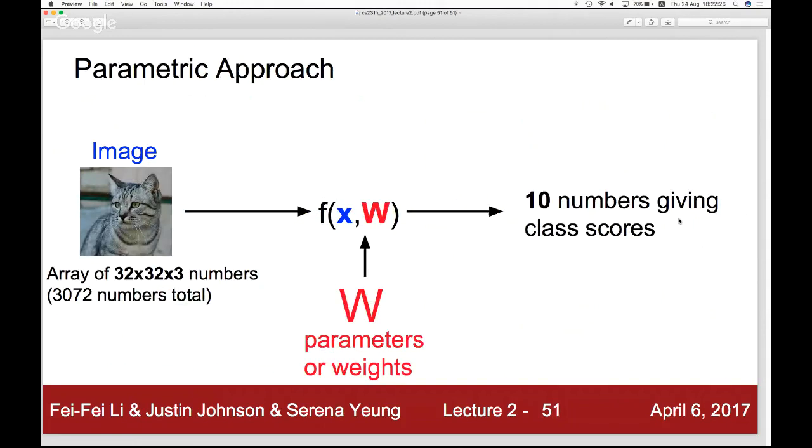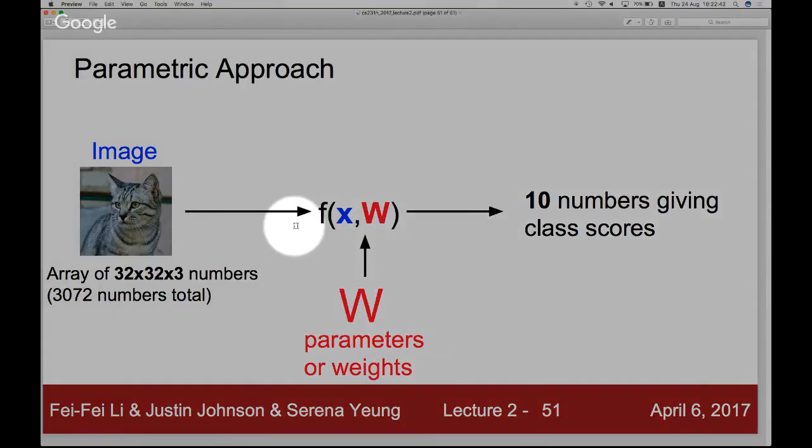What we're going to do is stretch this array of integers all out into a single vector, right? So you multiply 32 times 32 times 3. That's the total number of numbers in an image, okay? So 3072. And we're going to call this X. What we're going to learn is a model, okay? That's why we have this W here, a model of weights.